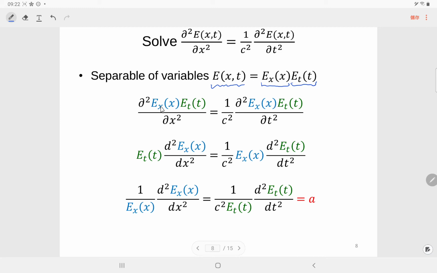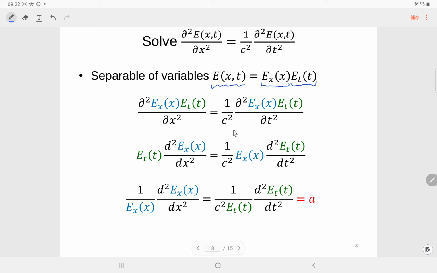For the left side, we take the second derivative with respect to x, and in this case the function of t is a constant with respect to x, so we can factor it out. For the right side, we take the derivative with respect to time, which means that Ex is a constant with respect to time, so we can factor this term out.